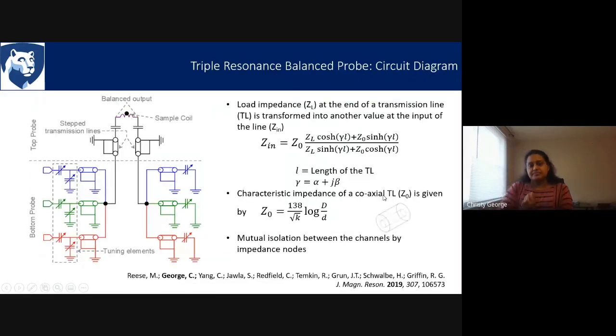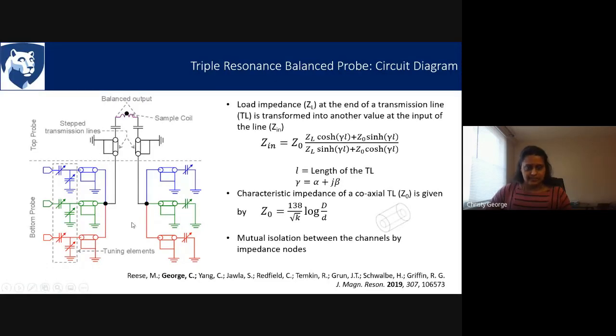Now, in our case, in NMR experiments, we may need to excite multiple frequencies at the same time. So we may need multiple channel probes. So the probes which we have developed are triple resonance or 3-channel probes corresponding to 3 different frequencies. Of the 2 probes that we have built, one was an HCN probe, whereas the other one was an HPN, proton, phosphorus and nitrogen probe.